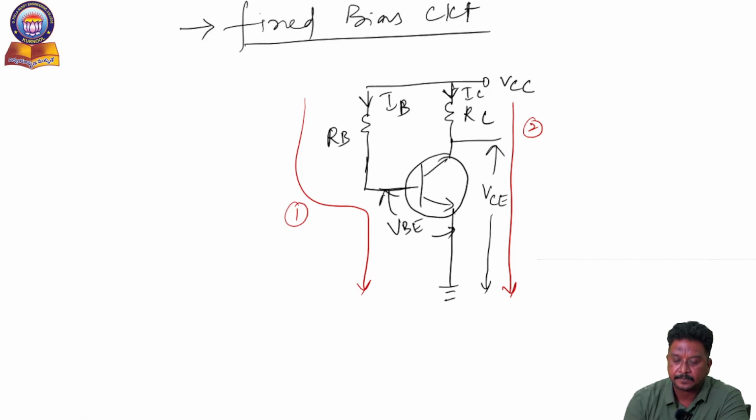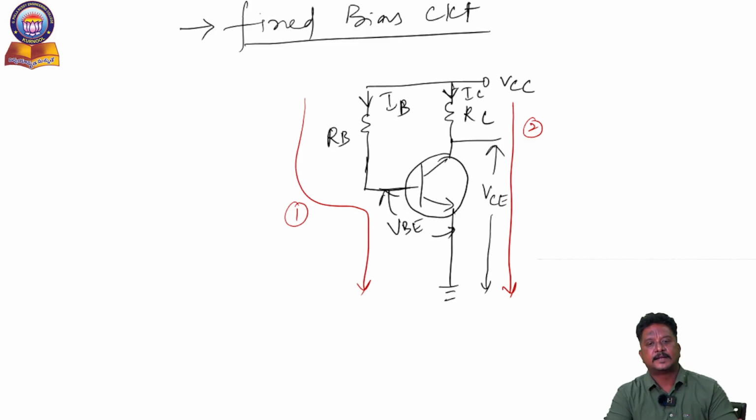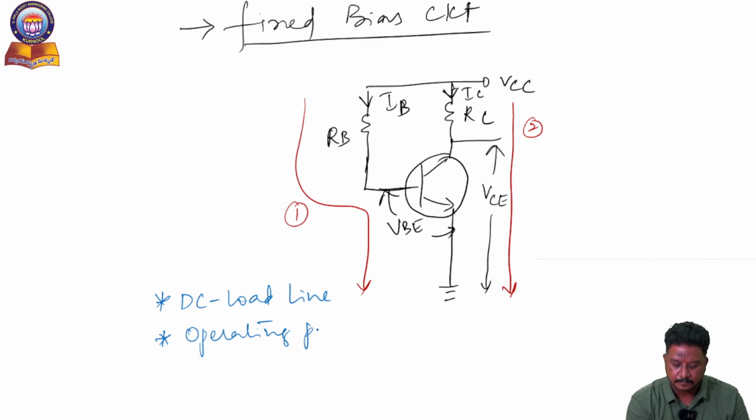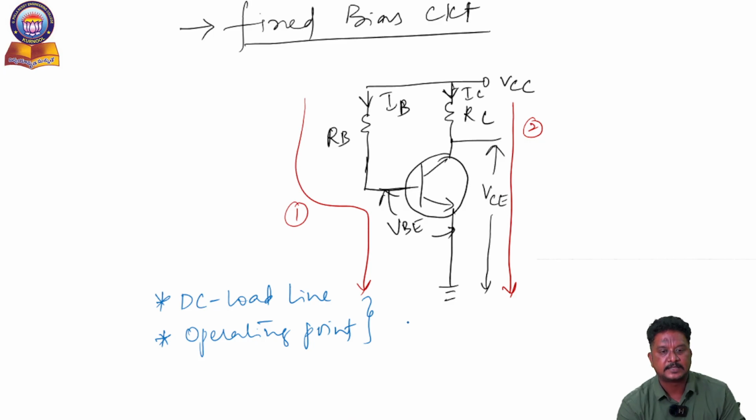First, initially I want to locate the DC load line and after that I want to locate the operating point. After finding these two only, we can say whether the transistor is continuously operating in the active region or not.